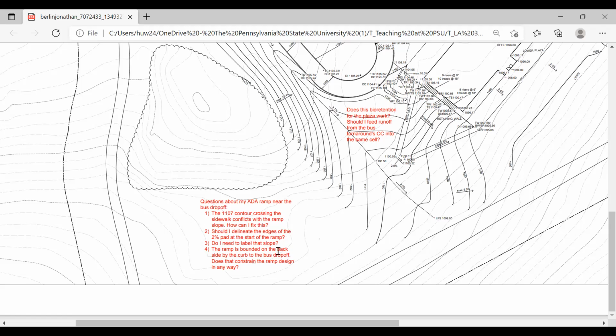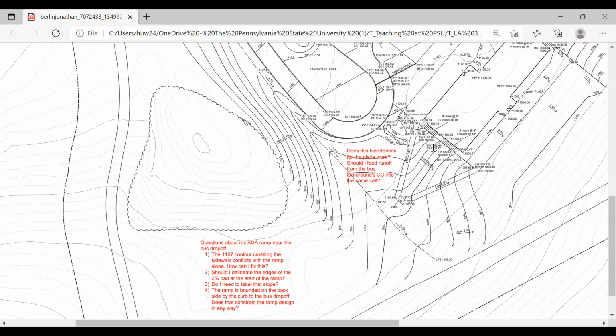Yes. The ramp is bounded on the backside by the curb to the bus drop-off. Does that constrain the ramp design in any way? Can you point to where you meant by the ramp? If you move back up toward that.